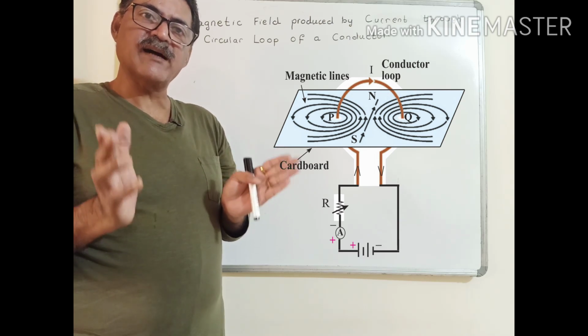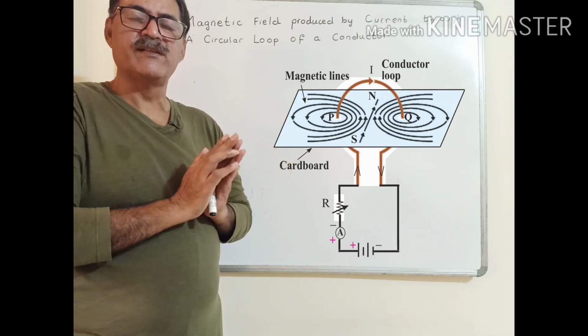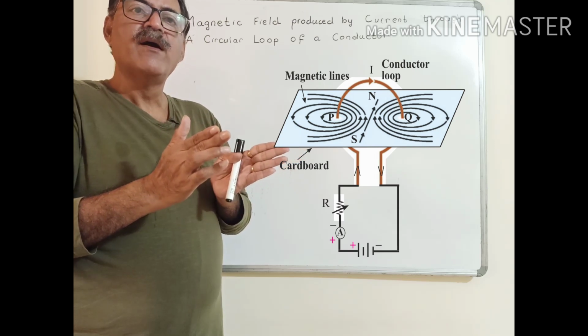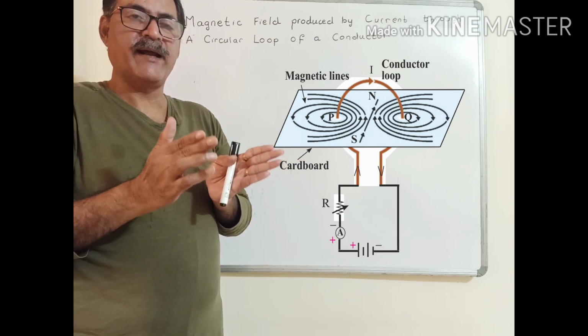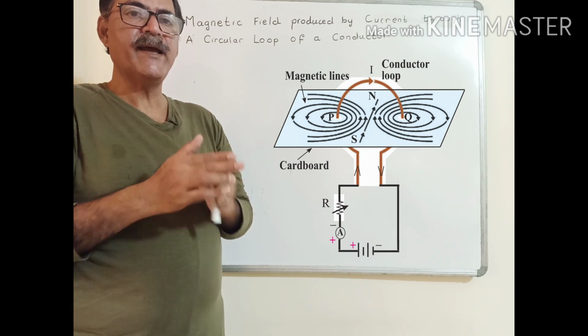Students, if you increase the current by increasing the number of cells also in this loop, the intensity of magnetic field will be stronger, right? So this is very, very important.